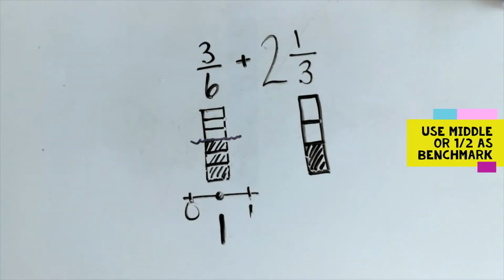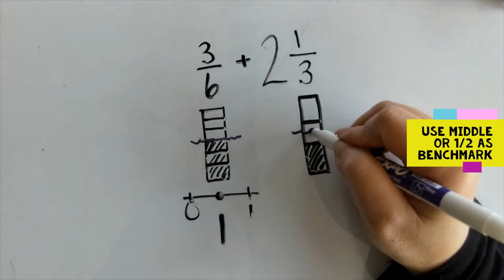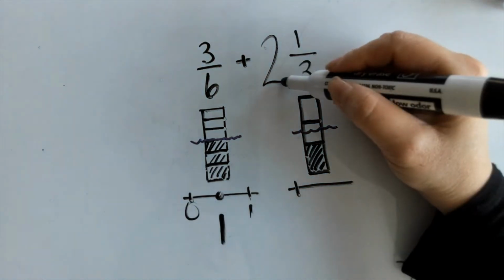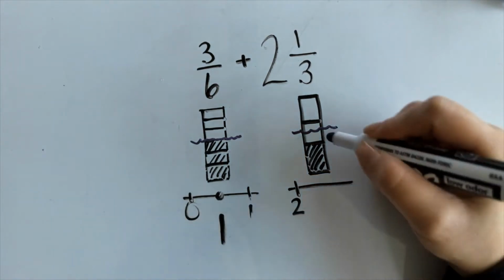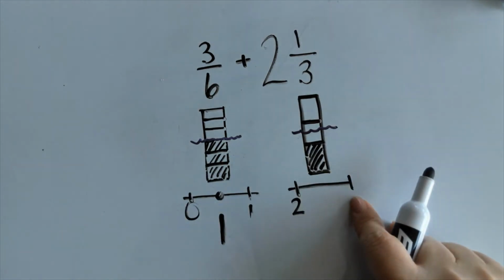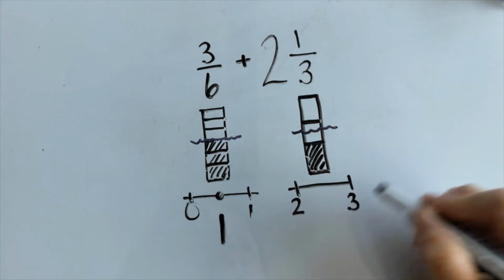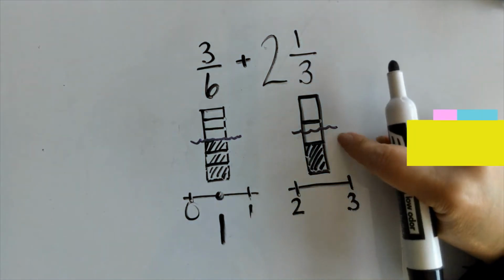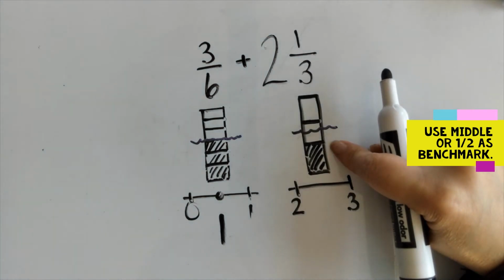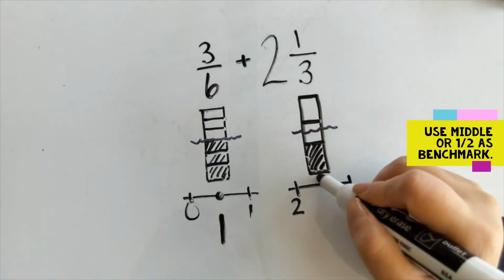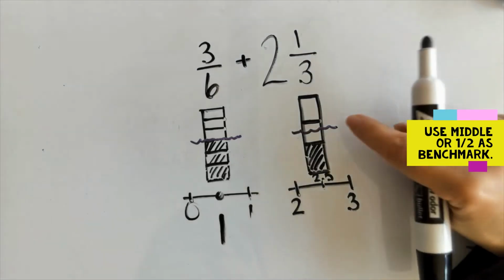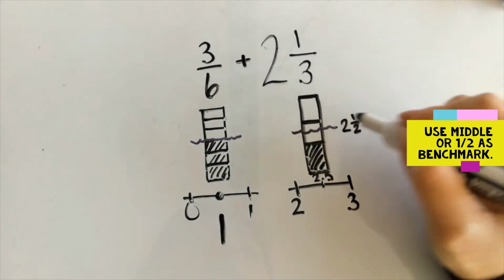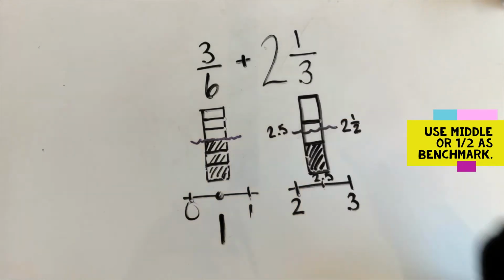Now let's look at the middle. What's in the middle right here? The middle's right there. Here's my number line. I start with this whole number, and my next number is 1 up from this whole, so it's approaching 3. Okay, so based on my shaded region right here, if this is 2.5, just like here, this is 2.5, or it can also be labeled as 2.5 like that.